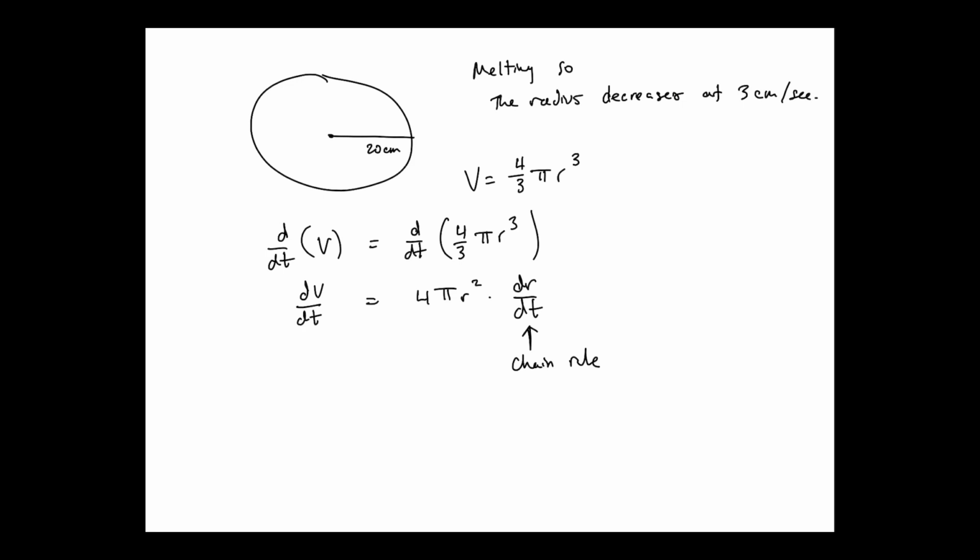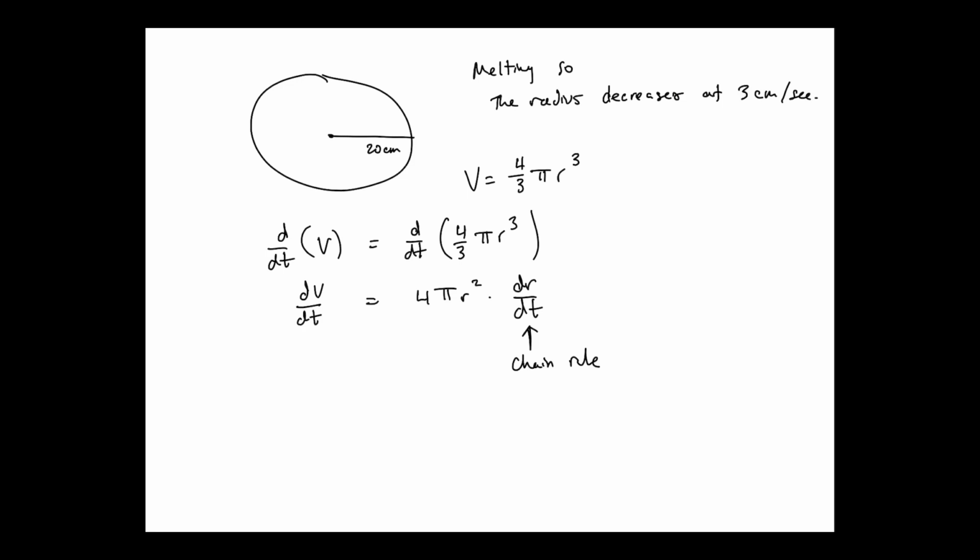So what's dr/dt? What was that given to be? 3, and it's actually -3 because it's shrinking, okay? But that's a constant, right? So given that, when is this quantity going to be more negative? When r is a bigger value or a smaller value? Bigger, okay?